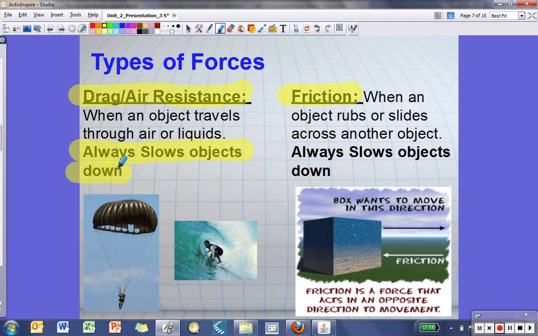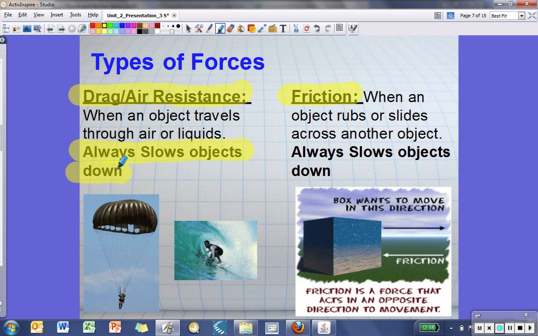Okay, air resistance, just like what it sounds like, is when an object is going through the air. The biggest example is when you put your hand outside of a moving car, right, what do you feel? You always feel like your hand's going backwards. The reason why that's the case is because the car is whipping through the air, but the air is actually trying to slow you down.